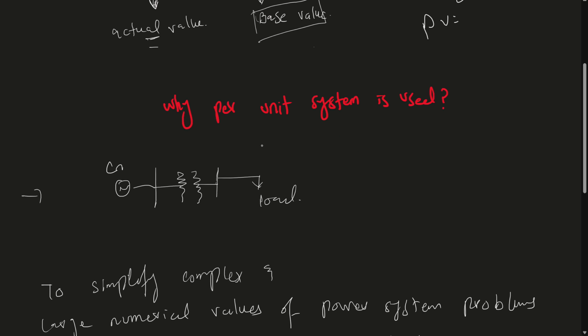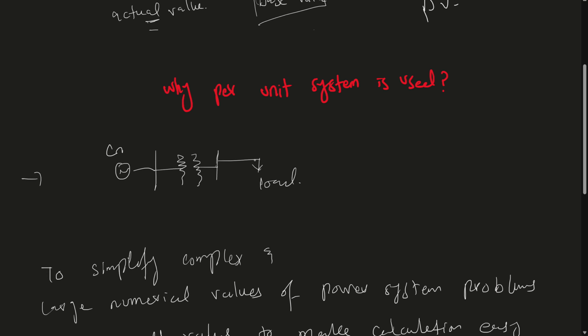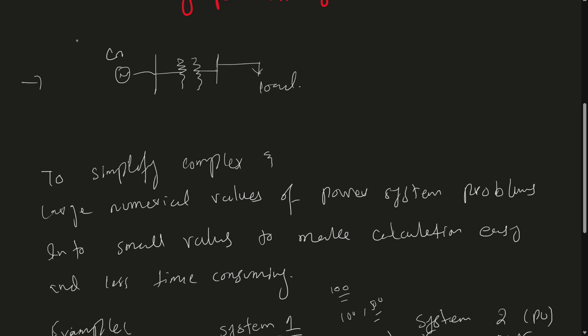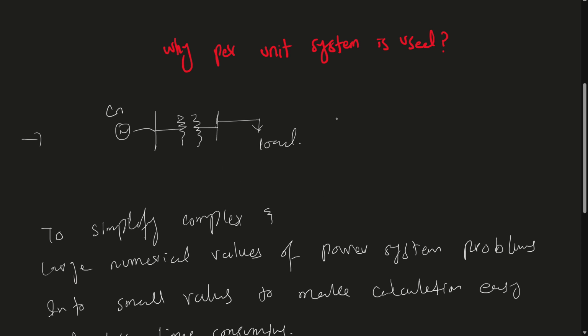Okay, so why do we use the per unit system and what is its significance? The per unit system is used in power systems to convert values, which may be voltage, impedance, etc., into lower values.